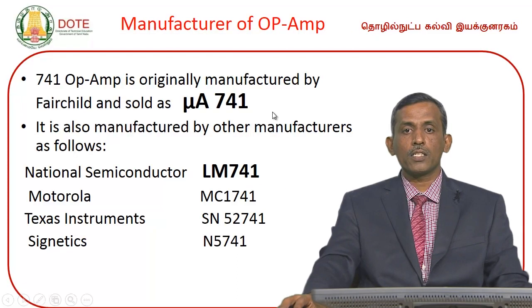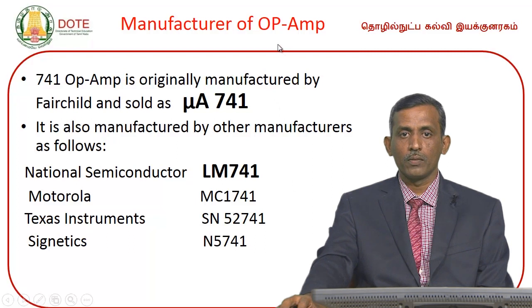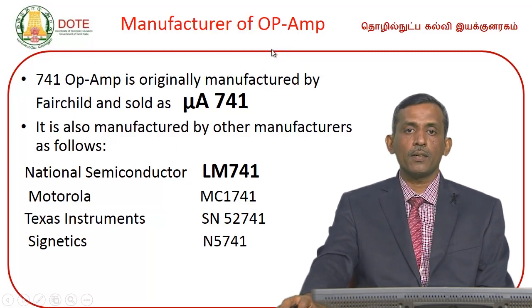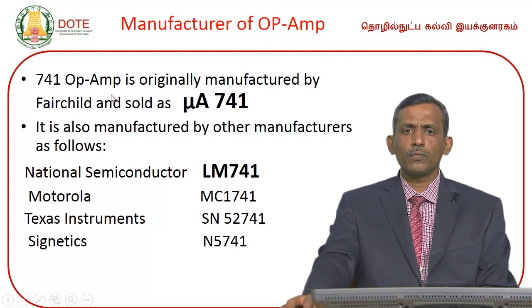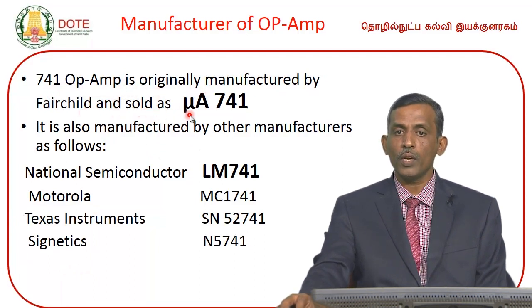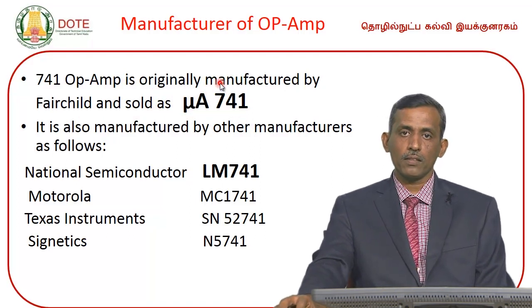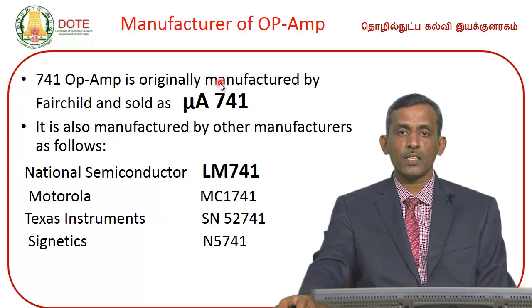Right. Let us know who the manufacturers of op-amp are. Okay. So let us see which companies manufacture this op-amp device. Generally this 741 op-amp was originally manufactured by Fairchild and sold as MU-A741. Okay. So there are different manufacturers for manufacturing this op-amp device.